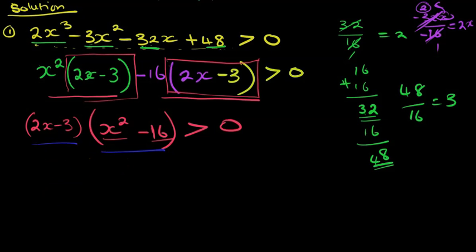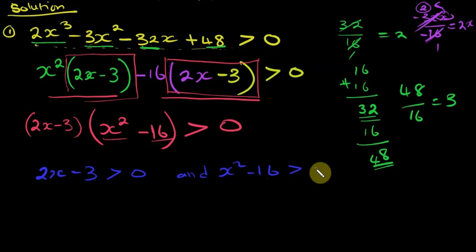This is what I'm saying. Whenever you have factors like this, you can just write 2x minus 3 greater than 0, and x squared minus 16 greater than 0.